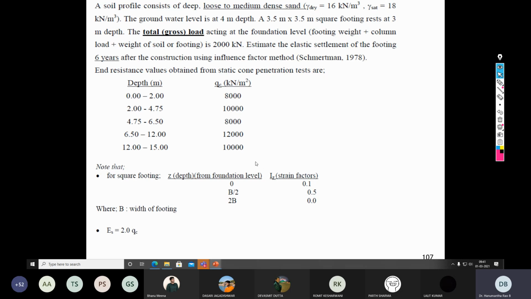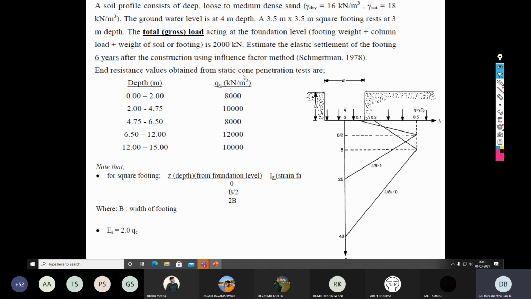So here we have to use the strain influence factor method. This is the graph that you need to remember, as I told you for the exam as well. This method is called the strain influence factor method. These are predefined curves which are permanent, so there is no change in the values.